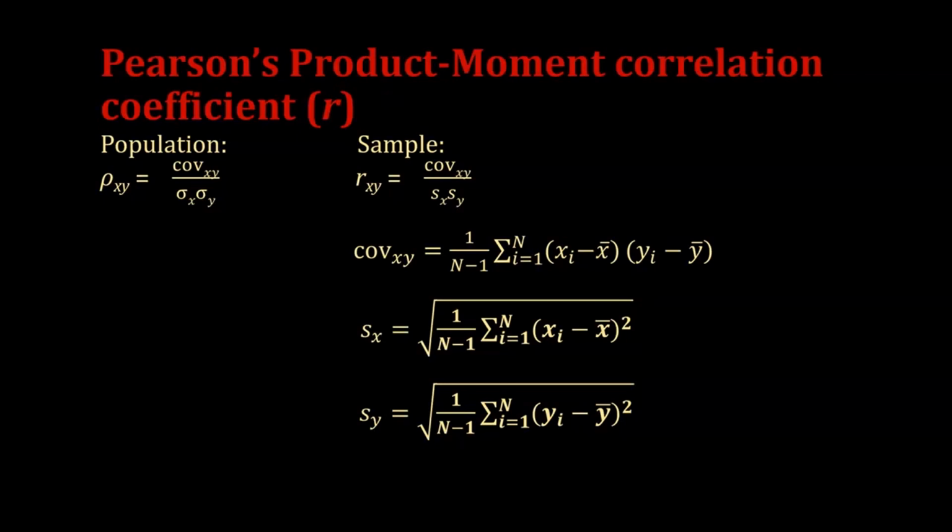We have to just subtract the mean from all the values, add all those values, and then divide by n minus 1, and finally obtain the square root. We do the same with x values and y values. So that's the way we calculate the Pearson's product moment correlation coefficient.